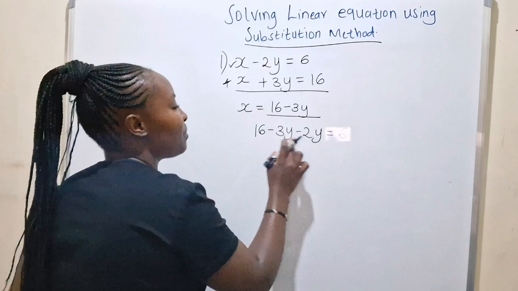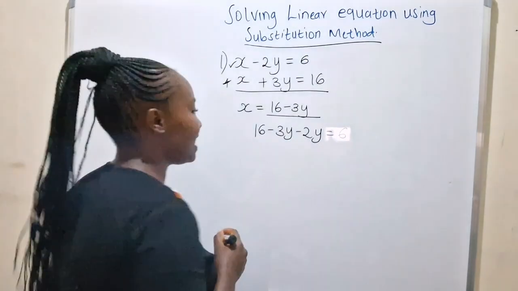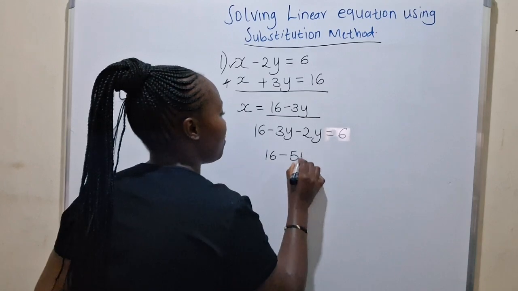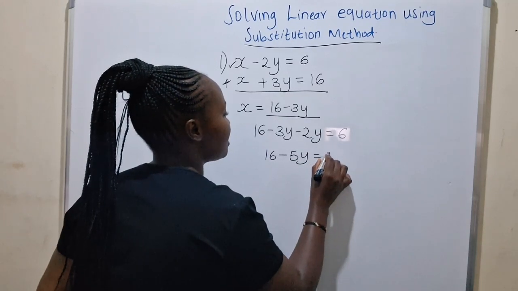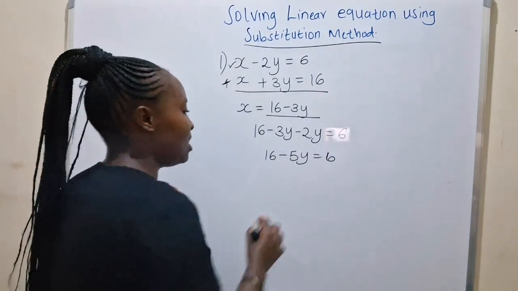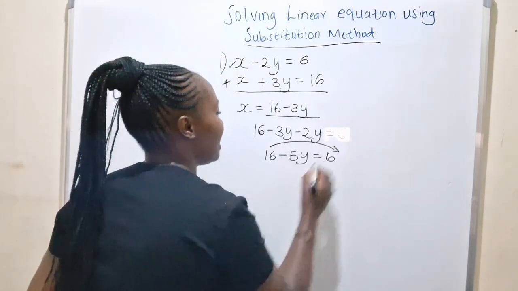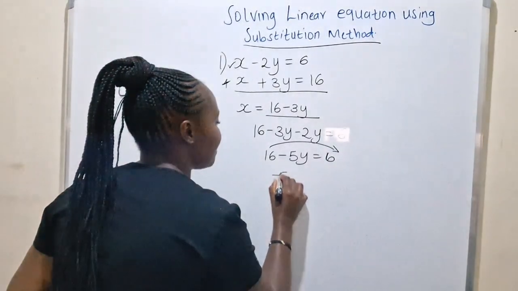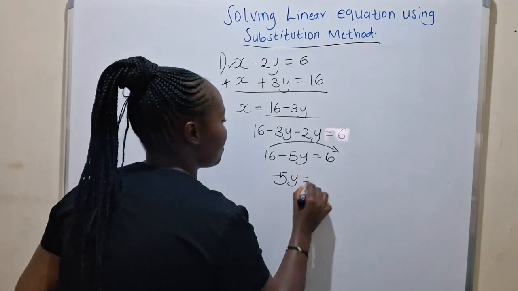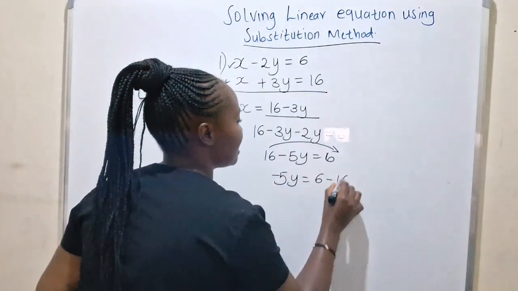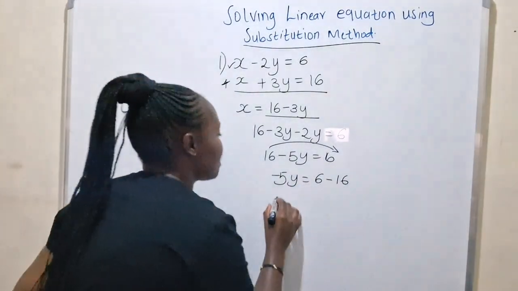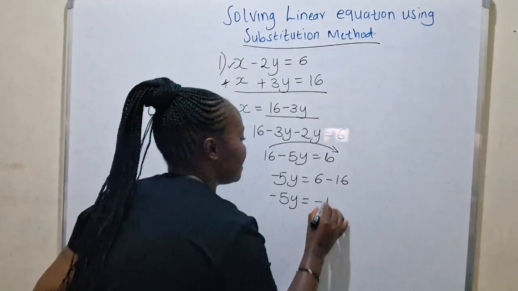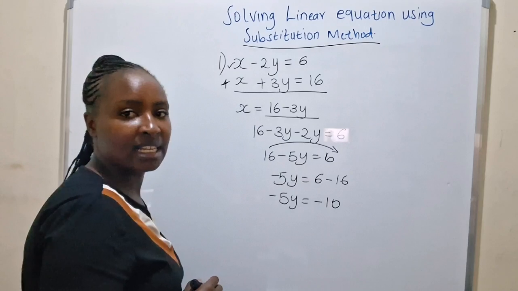So negative 3y, negative 2y, that is 16 minus 5y equals 6. Take this 16 to the other side and it will be a negative. So I will have negative 5y equals 6 minus 16, so negative 5y equals negative 10.